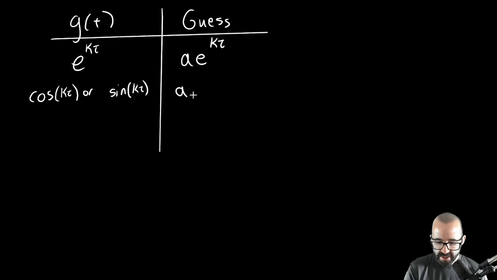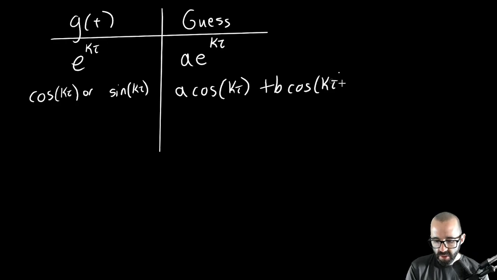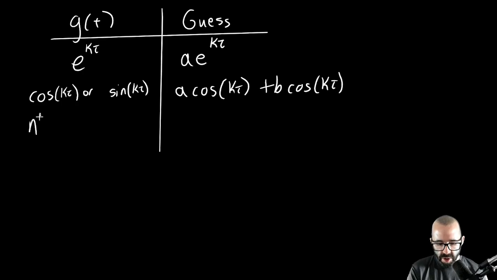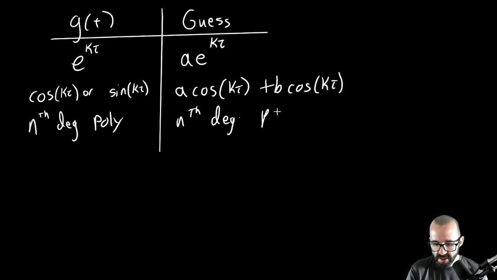We're going to have to guess A cosine of kt plus B sine of kt. We're going to need both sines and cosines no matter what it is over here. If you have an nth degree polynomial, we're going to be guessing an nth degree polynomial. And we'll give you some more practice on this.